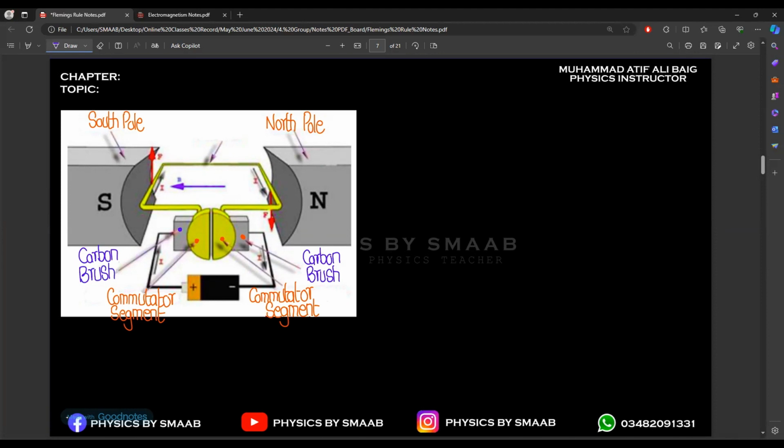And this coil is actually called the armature. So this coil shows you the concept of the armature.